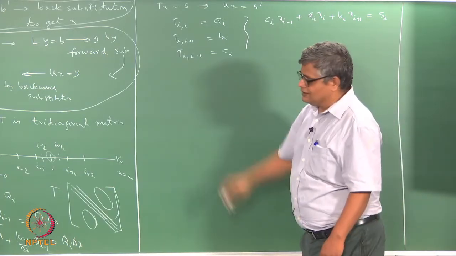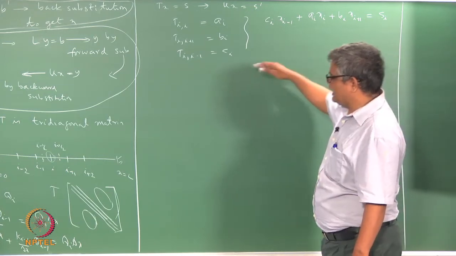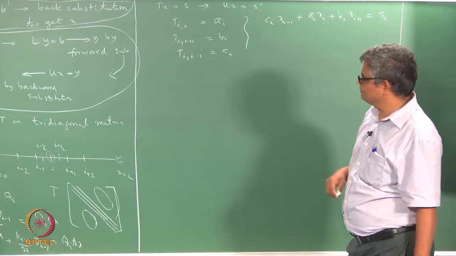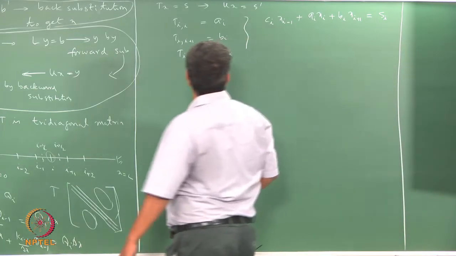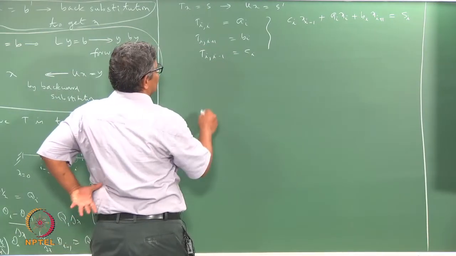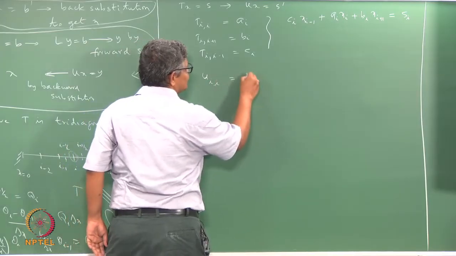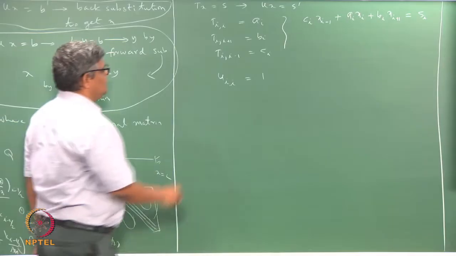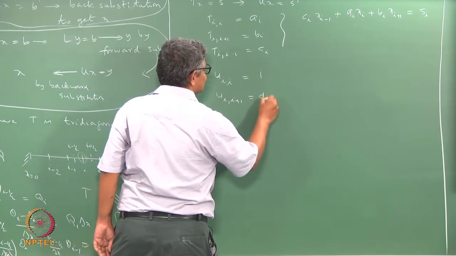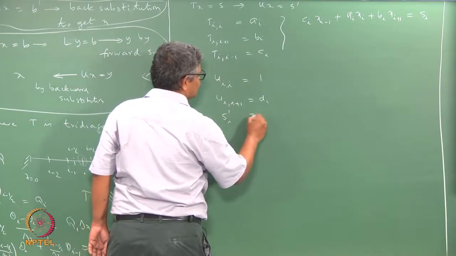So, this is the equation that we wish to solve for n number of unknowns, x1, x2, x3 all the way up to xn, and we would like to convert this into Ux equal to S prime, where uii is taken to be 1 and u I, I plus 1 is given as di and s prime I is given as yi.